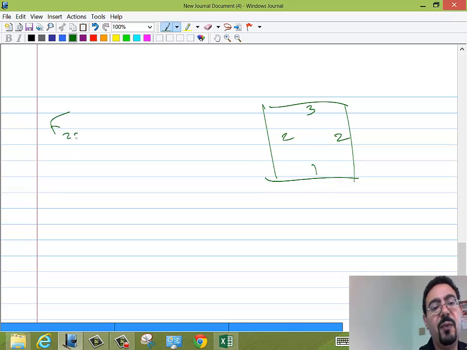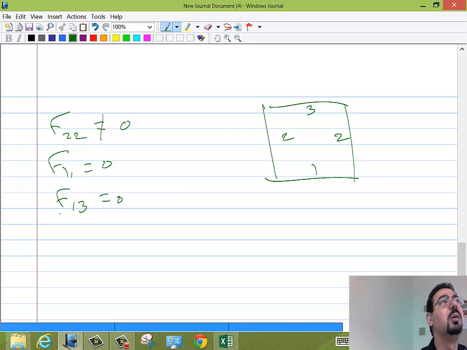So of course F22 is not 0, but F11 is 0 and F13 is 0. Right? And so we can get F12 easily because that's what the tables are for. You will find this F12, and you can also get F13. Piece of cake also from the table. 2 plates next to each other, you will find this.